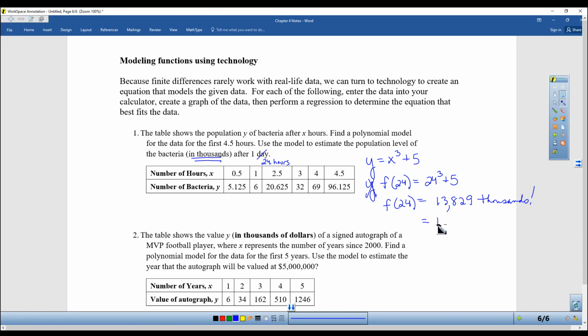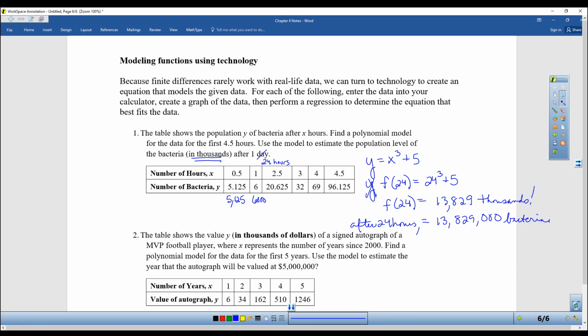So instead, we would actually make it in thousands, which of course comes out to be 13,829,000 bacteria. Just like there really weren't 5.125 bacteria, there were 5,125. There were 6,000 after 1 hour. So after 24 hours, it is equal to this many bacteria.